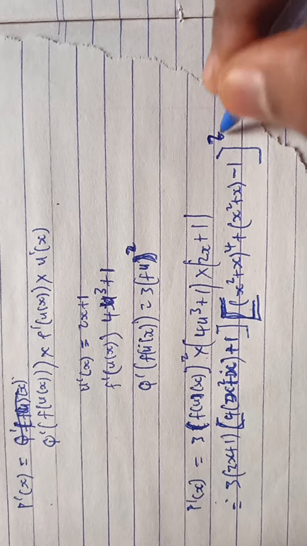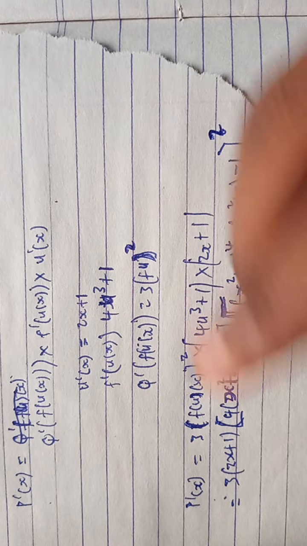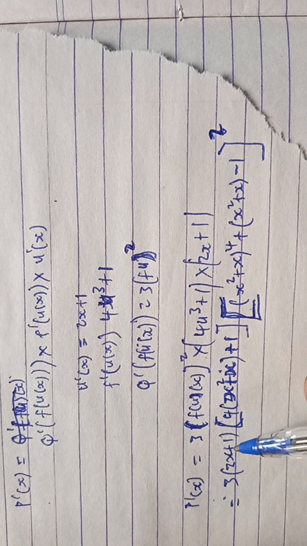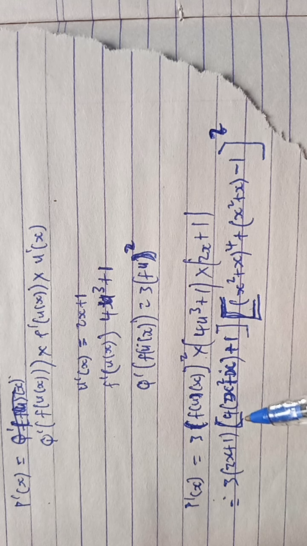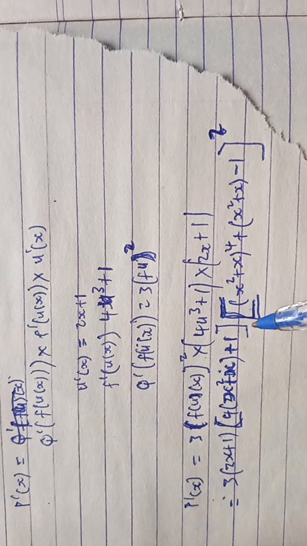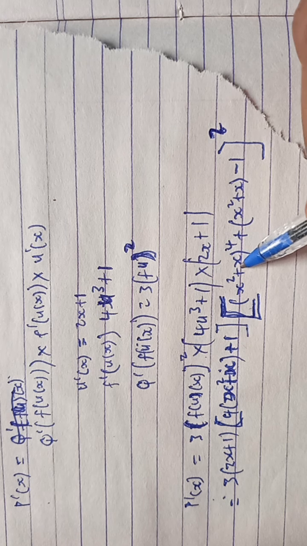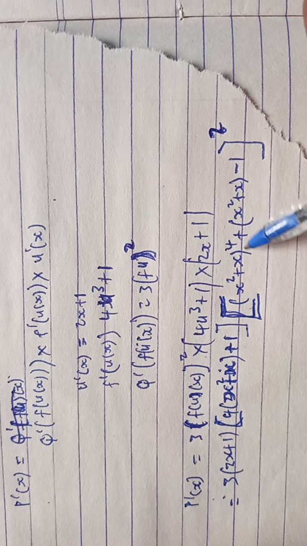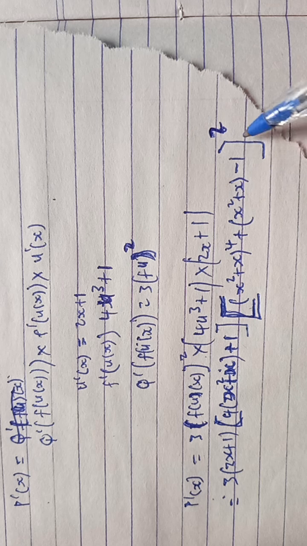So we have differentiated the whole thing like that. So it will be 3 times 2x plus 1, then multiply by 4 times bracket open, x squared plus x, bracket close, plus 1, then multiplying by square bracket open, x squared plus x all power 4, plus another bracket open, x squared plus x minus 1.